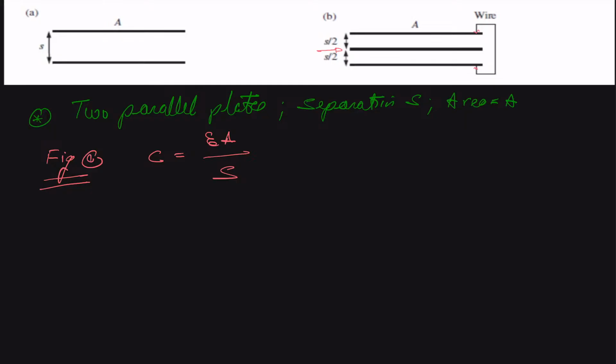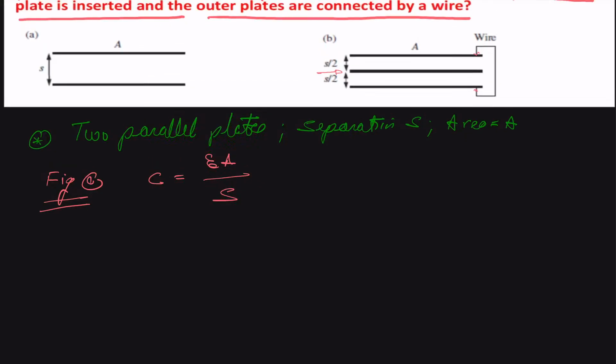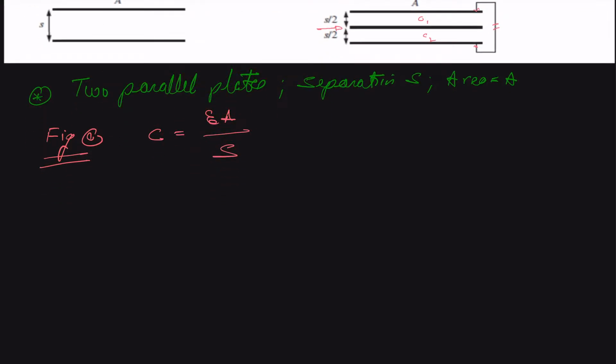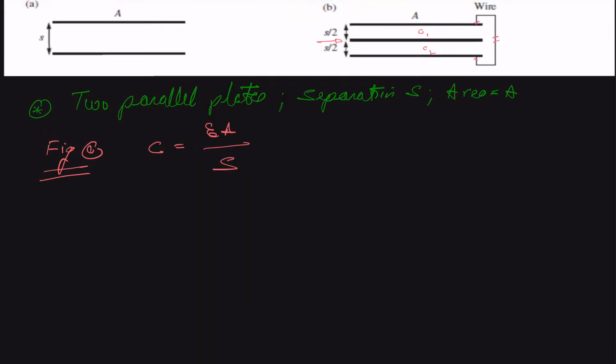Now we come to figure B, and we can clearly see that for the time being let's ignore this wire part, and we are having now two capacitors. The top one we are going to call capacitance C1, and the bottom one capacitance C2. Then we come to the wire part.